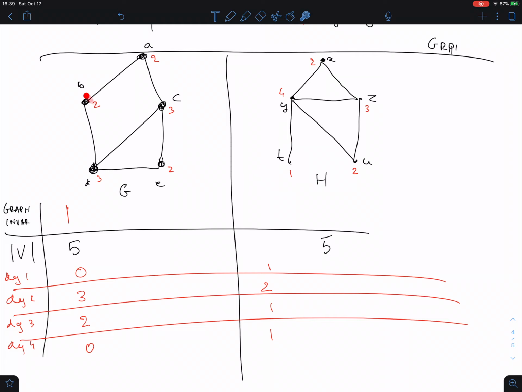Whatever choice I make, any choice has at least 2 edges, whereas this edge will be moved in one way or the other, but that's the only edge that will ever come from here. So that's why there is no isomorphism. They are not isomorphic.